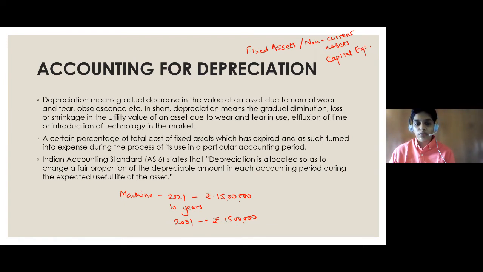Is there any possibility that after 10 years, when I try to, say, sell this asset or maybe even scrap it, that I am going to get this particular amount in return? No, there is no chance that this will happen. It is almost impossible that your asset will retain that same value for the entirety of its life.